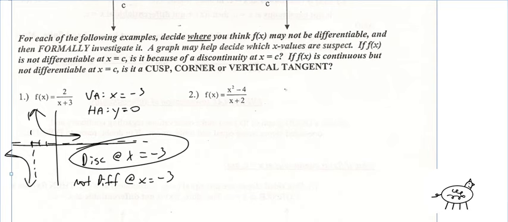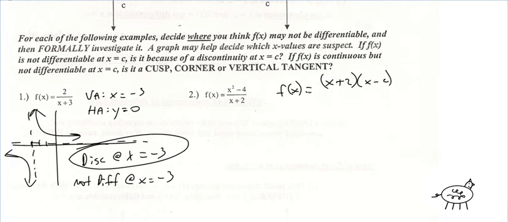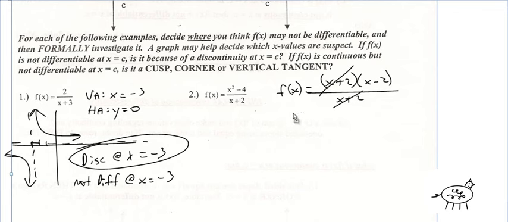Let's look at the next one. You guys should probably recognize this one. I can factor this. So I get (x plus 2)(x minus 2) over (x plus 2). So these guys cancel. My true equation now is x minus 2. Okay, but what did I do when I crossed it off? There was a hole there. So if I actually graph this baby, it basically looks something like this, right?